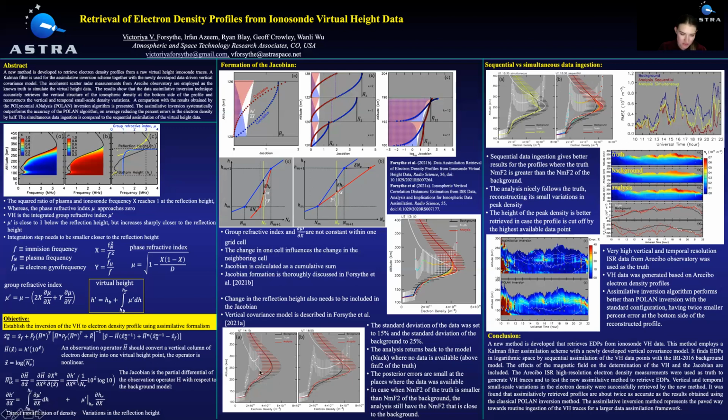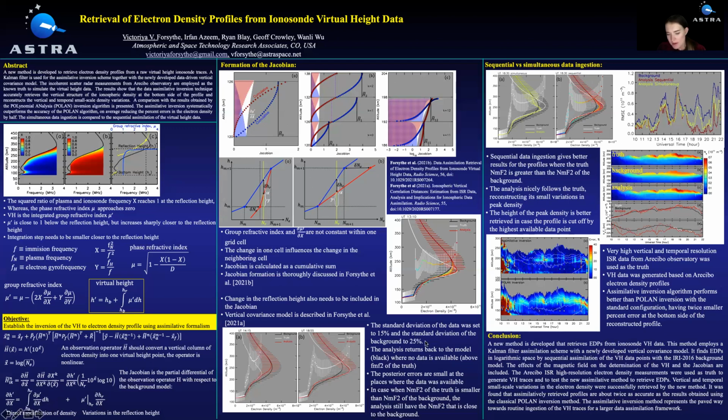In case it's below, the last data point is ingested, and then we don't have any other data points, and the analysis will return back to the background. And in case the truth is greater than the NMF2 of the background, then the profile will be extended.